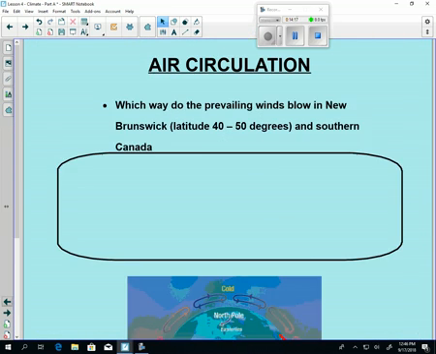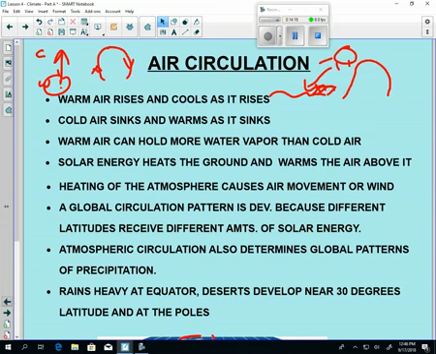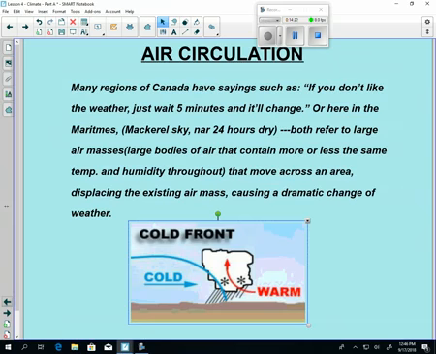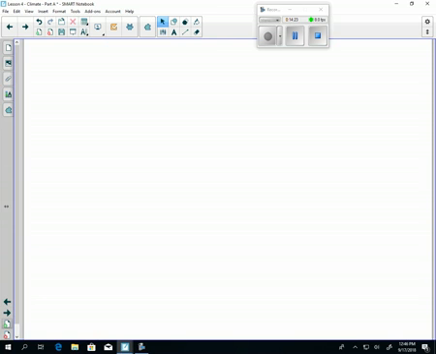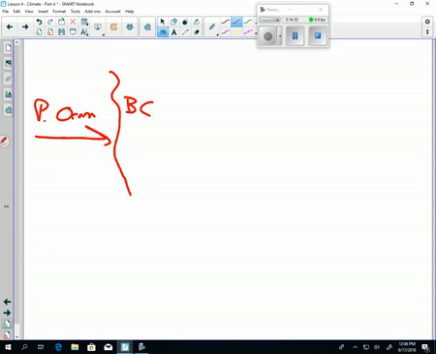Just to go back, I'll show you something that's interesting. You may or may not know this. I'm talking about things like fronts. If we were in Western Canada, say in BC, we know the Pacific Ocean is here, and the winds are coming up going west to east. And they have these great big mountains in BC. What happens there?